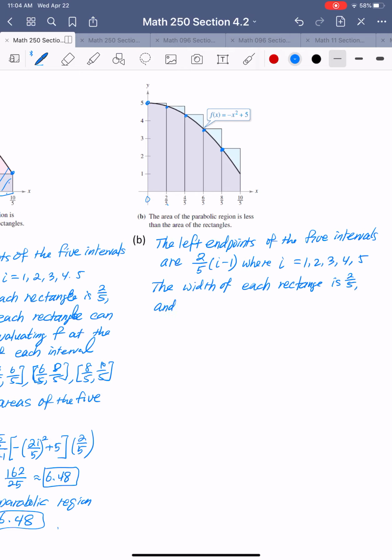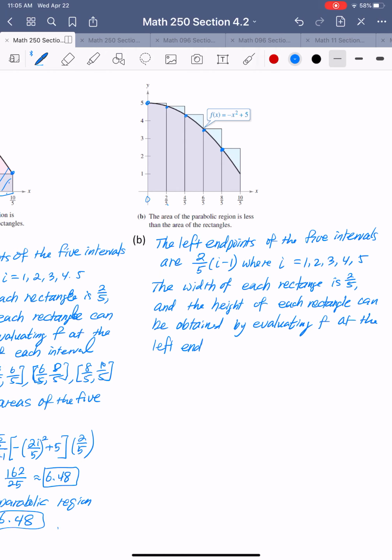But the height of each rectangle can be obtained by evaluating the function at the left endpoints of each interval.